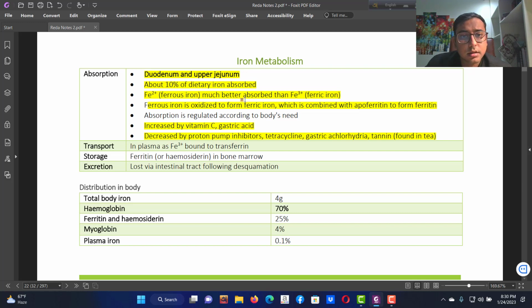And ferrous is much better absorbed than ferric, because we eat the iron-containing food as ferric ion, then it will be absorbed and converted to the ferrous in the enterocyte. Then ferrous is again converted to ferric ion, which is combined with apoferritin. Then it combines with transferrin and is transported to different organs like liver and skeletal muscles.